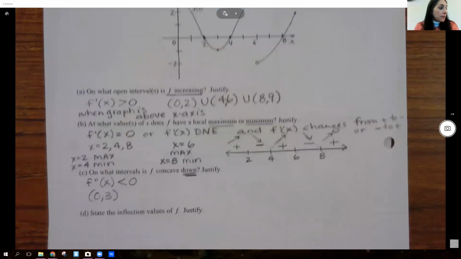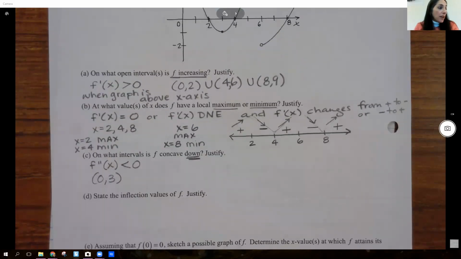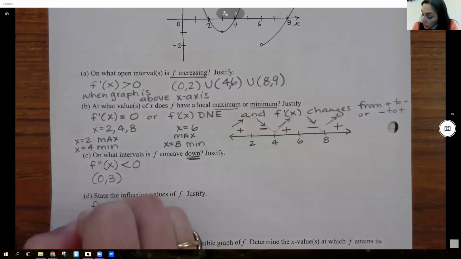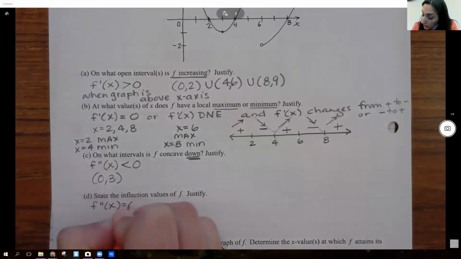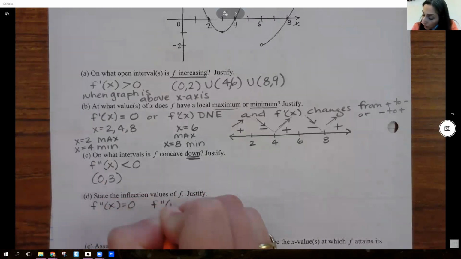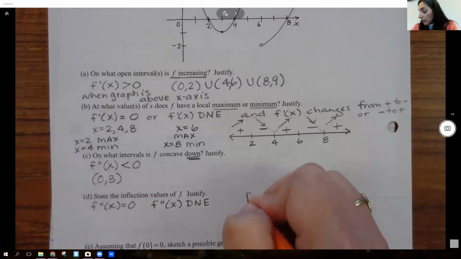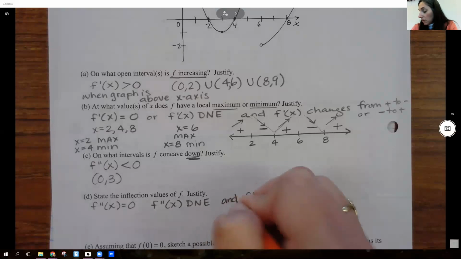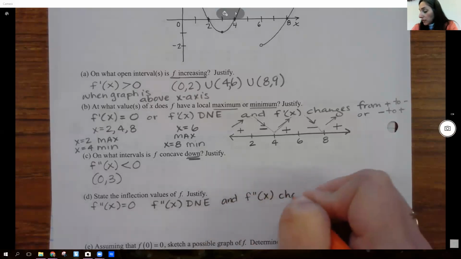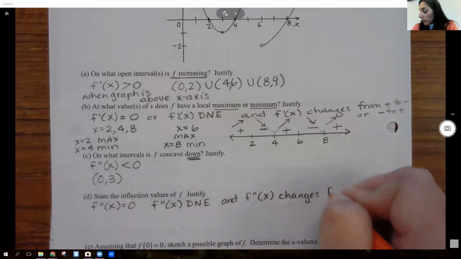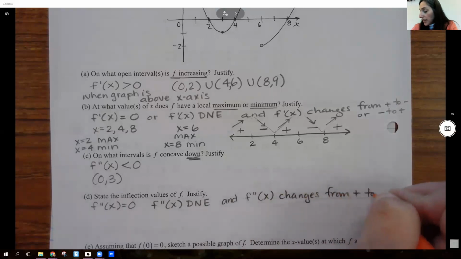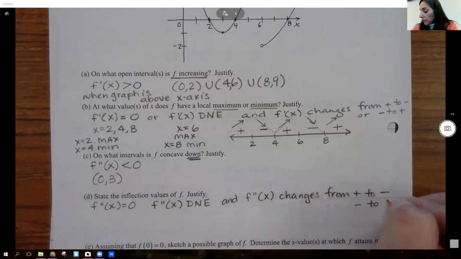Inflection values. So inflection values are when the second derivative is equal to 0 or where the second derivative does not exist, and the second derivative changes from positive to negative or negative to positive.